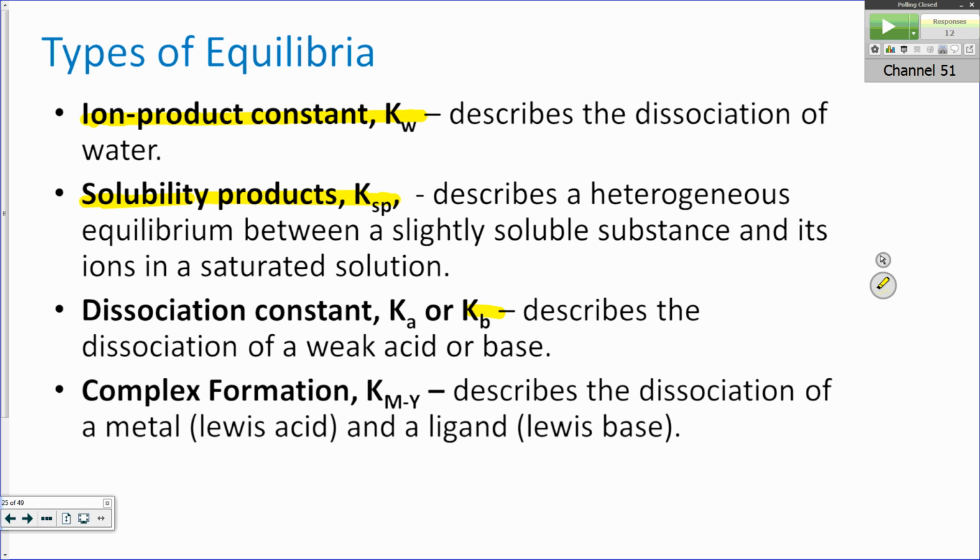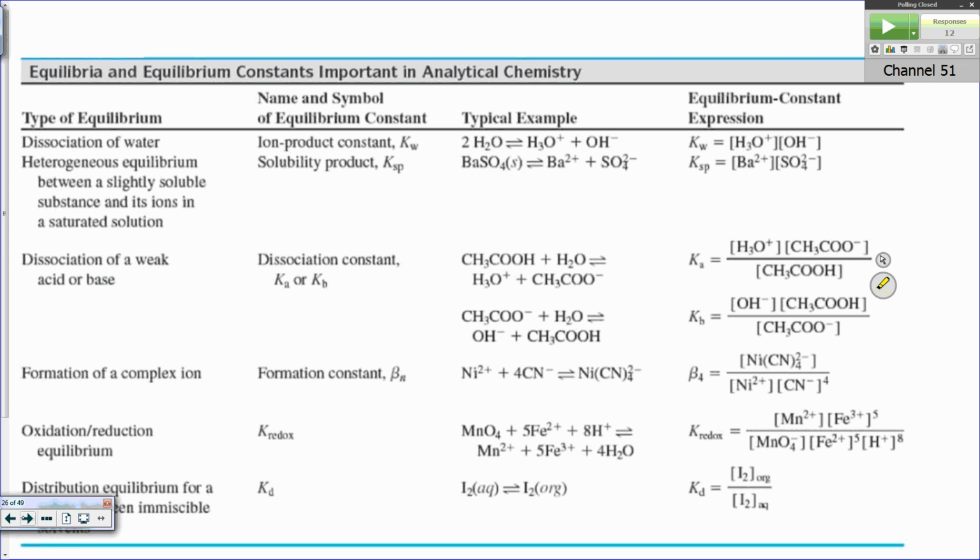We're going to spend the next chapters working on dissociation constants for acids and bases, so Kas and Kbs. We're going to do a little introduction to it here, and then go forward with it. Towards the end of the chapter, we're going to talk about complex formation, where a Lewis acid and a Lewis base react, but most of the calculations are going to be in chapter 16. So we'll get back to those, but we're at least going to introduce them at this point. So let's talk about them kind of in order.